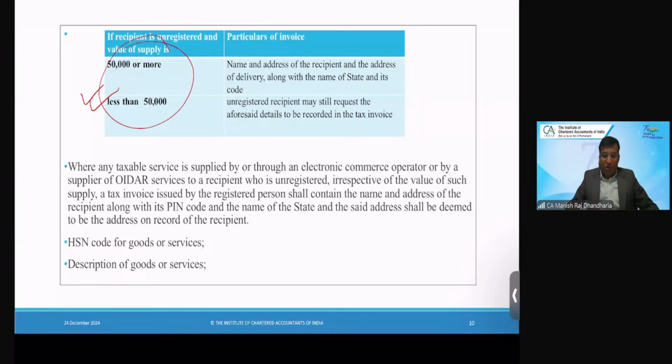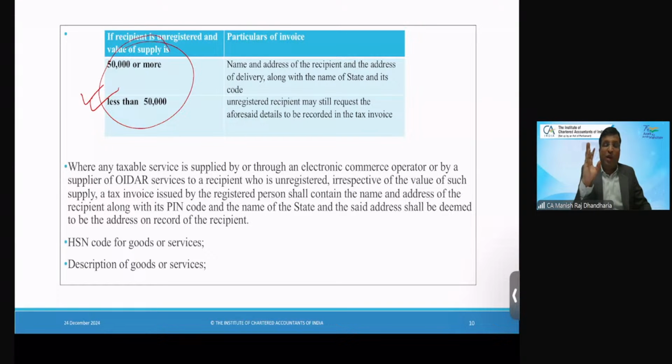OIDAR services. Have you heard about OIDAR services? Netflix वगैरह जो हम लोग देखते हैं, ठीक है, that comes under OIDAR services, ऑनलाइन डेटा रिट्रीवल सर्विसेज. ये जो है, let me clear you, these are the online services. ओके, और इसमें ई कॉमर्स ऑपरेटर भी है, OIDAR भी है. तो यहां पे हम लोग को इनवॉइस जो बनाएंगे, कोई भी वैल्यू हो, you have to mention the name and address of the recipient with pin code.